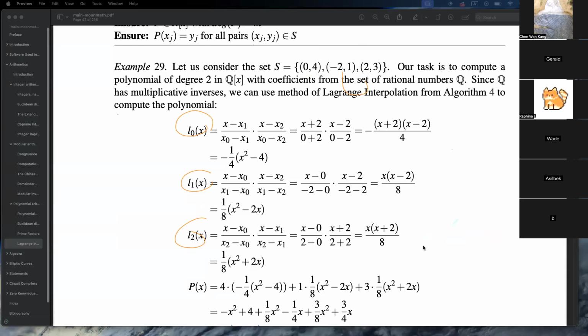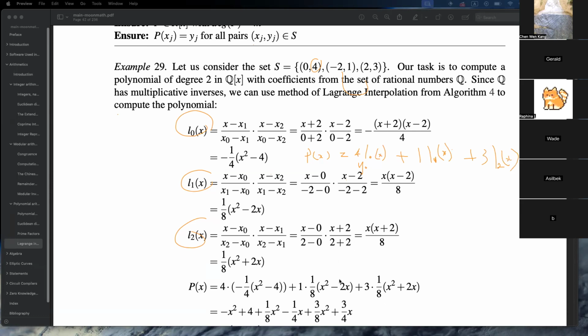Yeah. So in the end, after you've gotten these 3 polynomials, what you do is you do Px equals 4 L0x plus, so it's taking the first y value, y0 L0x, y1 L1x, so y1 is 1 L1x, and then plus the final one, 3 L2x.